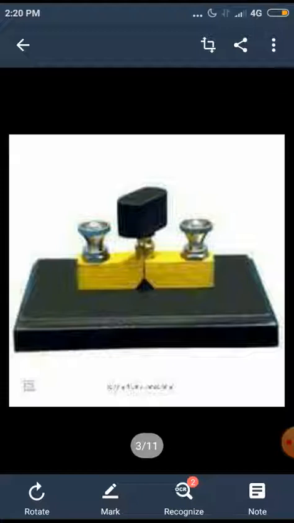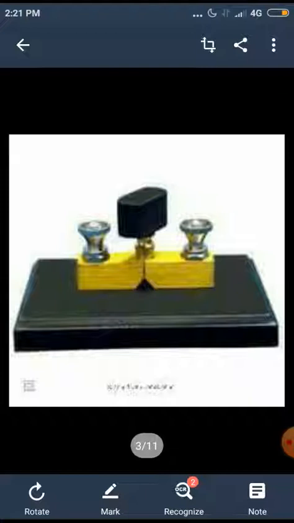Now, if you see this image, can you tell what for we use it? This image is of a plug key. The plug key is used either to make or break the circuit. That is, when you want the circuit to be closed or when you want the circuit to be open.